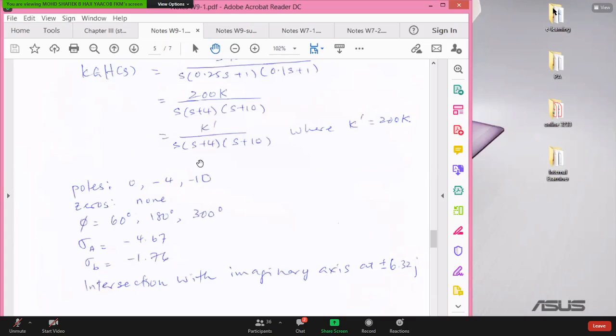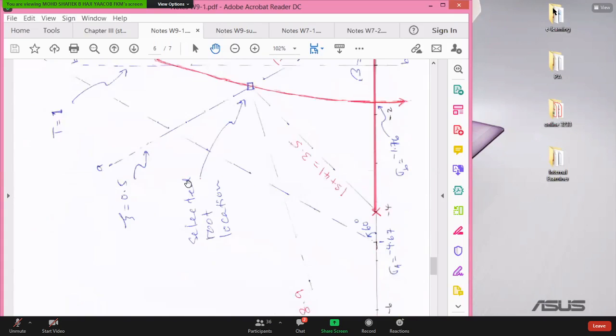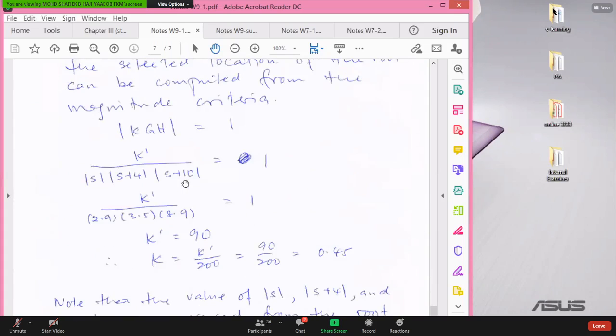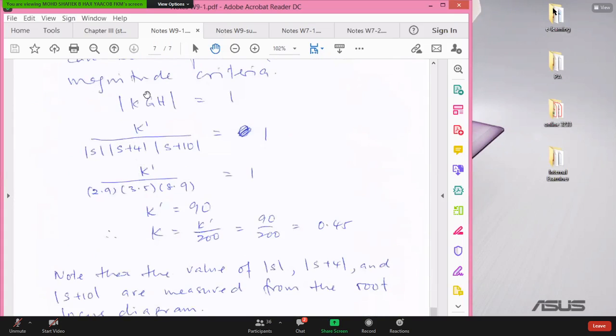So the magnitude of that is the magnitude of K, divided by the magnitude of s, the magnitude of s plus 4 and the magnitude of s plus 10. K prime is a constant.